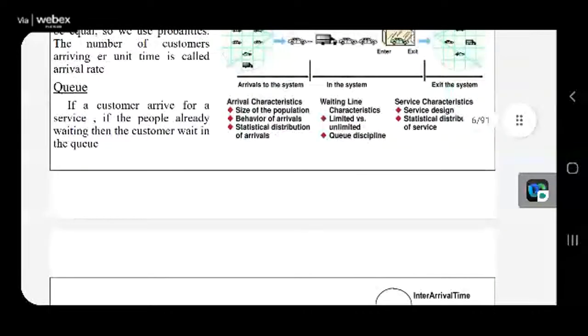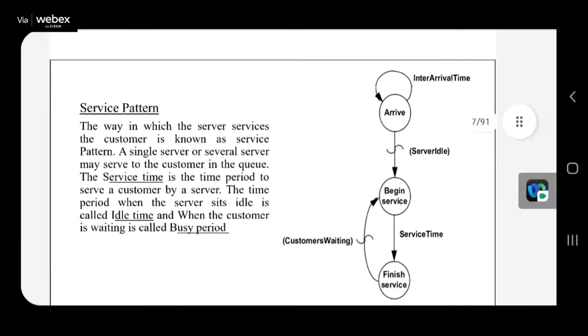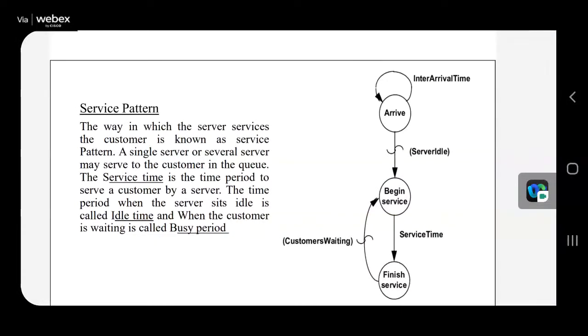Here is the service pattern or service characteristic. For example, assume there is a stall or a car shed. Now they have opened for the traffic to get in and clean their car. At the start point, the first customer who goes and takes service has no need to wait in a queue, because till the time he arrives, the system is in an idle condition.